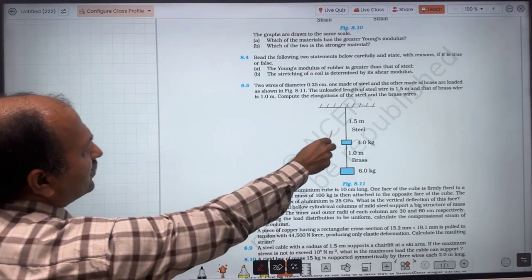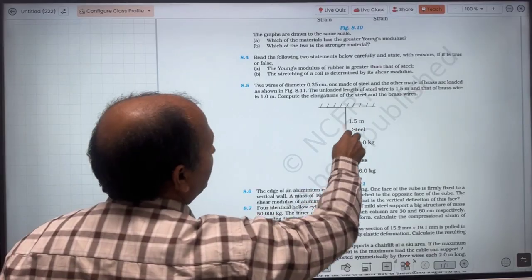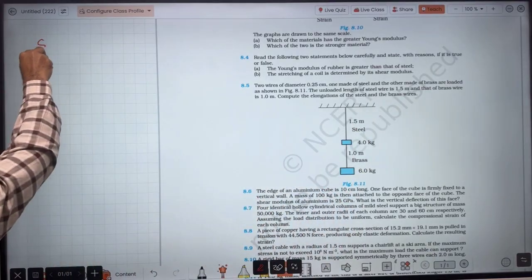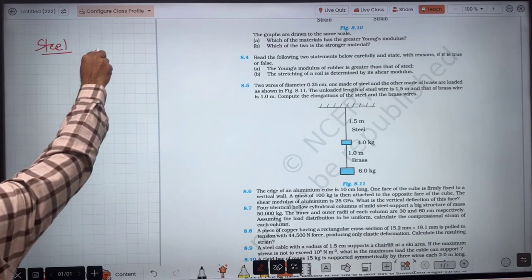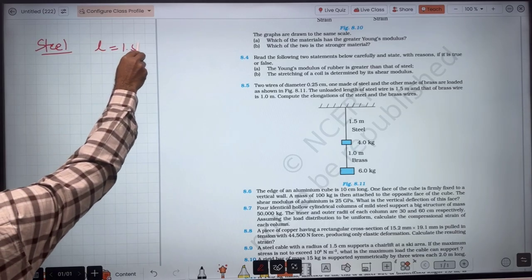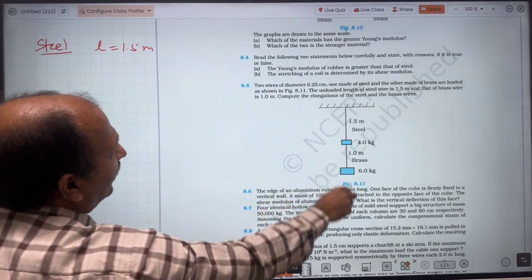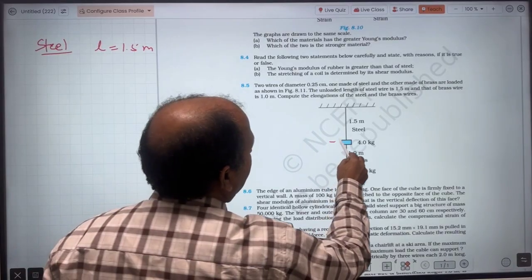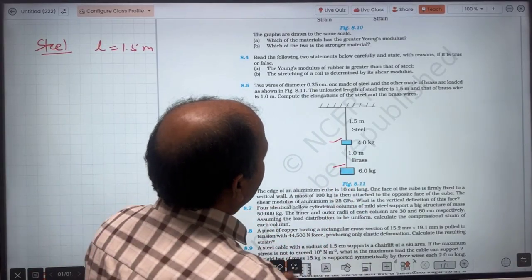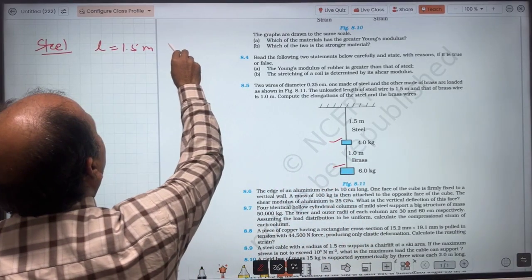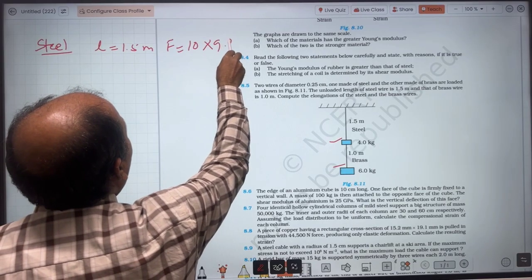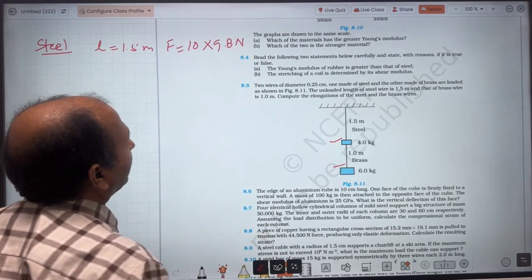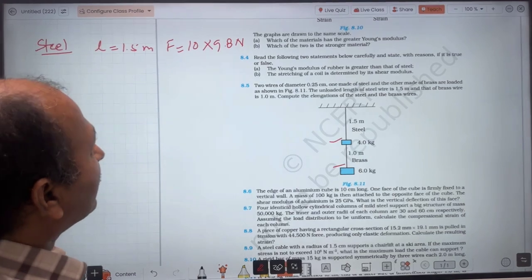The situation is like this. Situation is shown. So we consider first steel. So what is happening with the steel wire? Length is given 1.5 meter. Total weight, this and this will add up, so it will be 10 kg. So just write F equals 10 into, let's take g as 9.8. So this is the total weight.